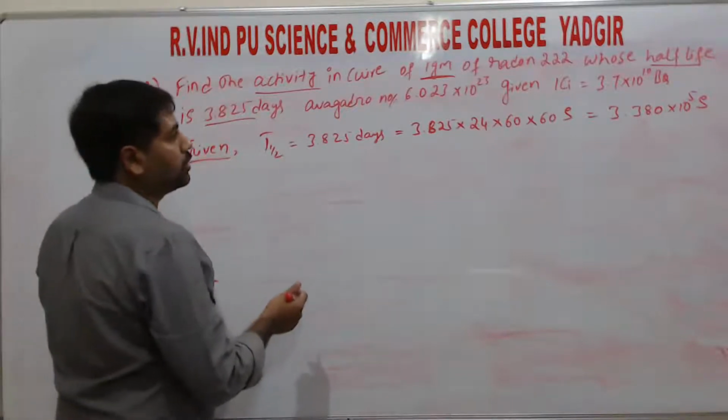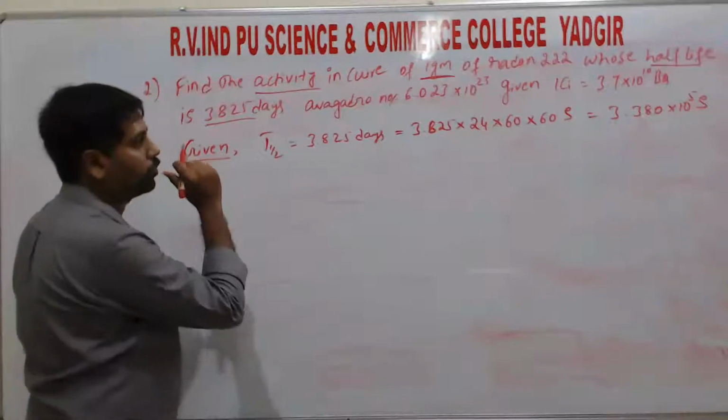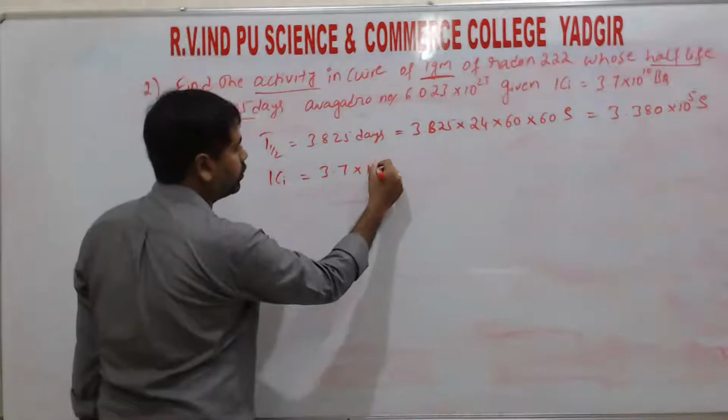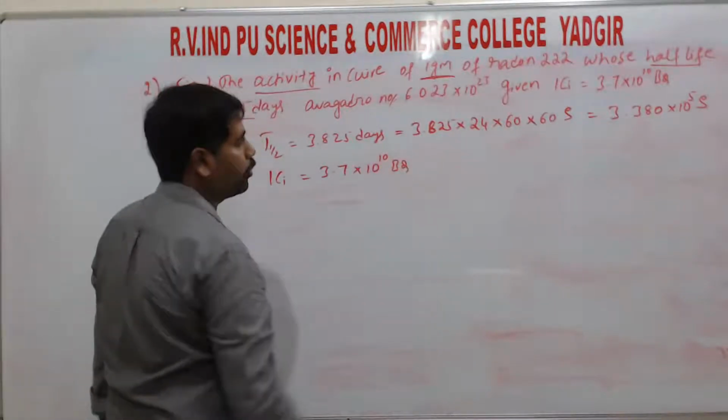Next, they have given 1 curie, that is equal to 3.7 into 10 to the power of 10 becquerel.